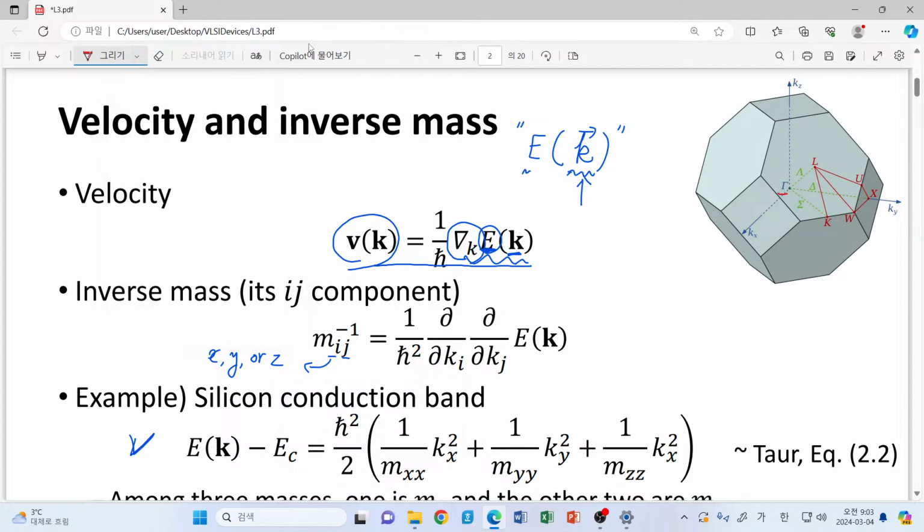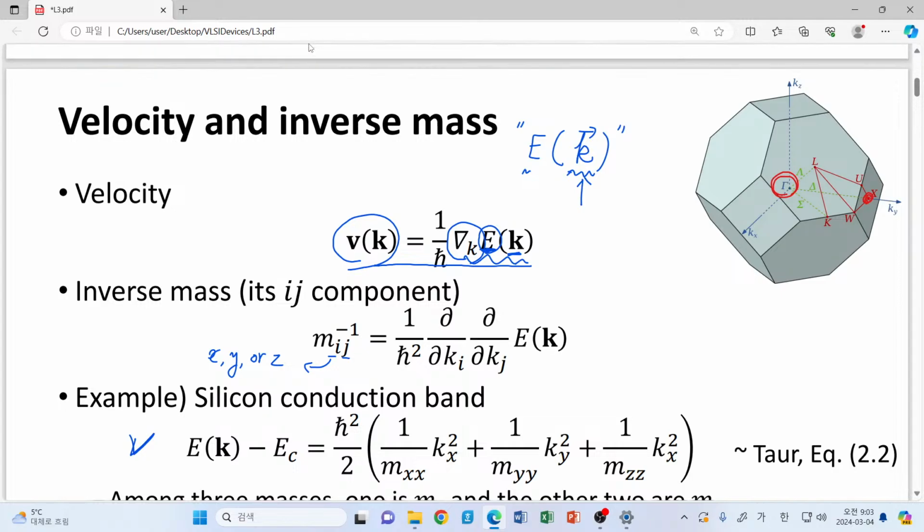Here we have a gamma point, and here we have an X point. The X point is the first Brillouin zone boundary, where our principal axes kx, ky, and kz meet the boundary. So we can find 6 copies of this X point.